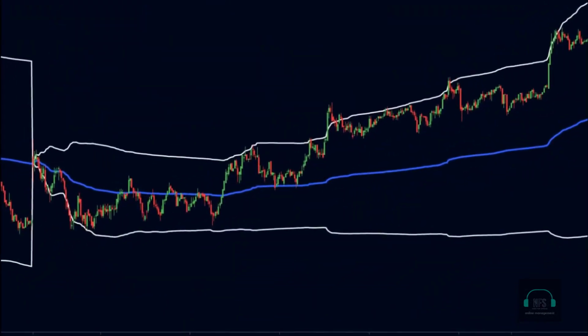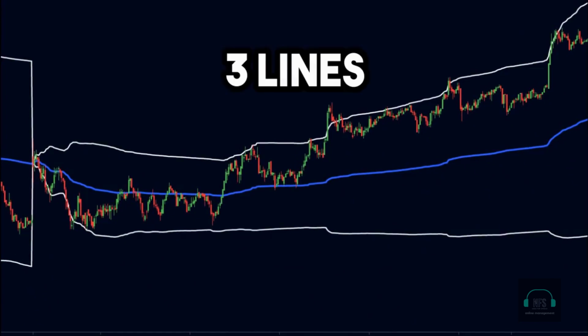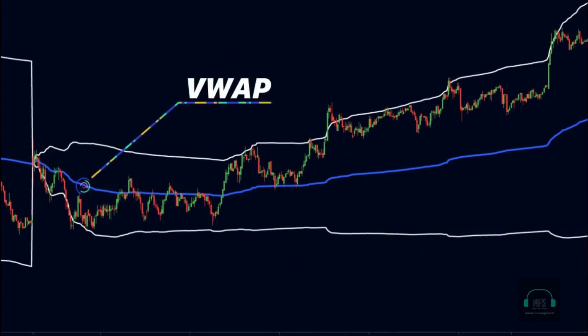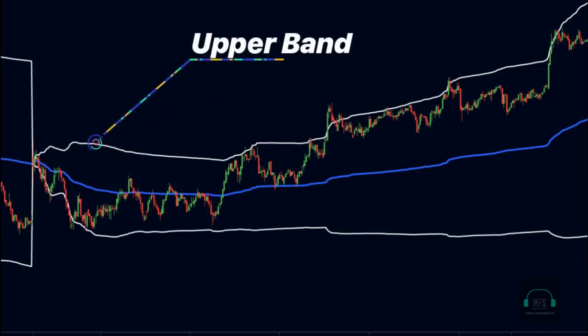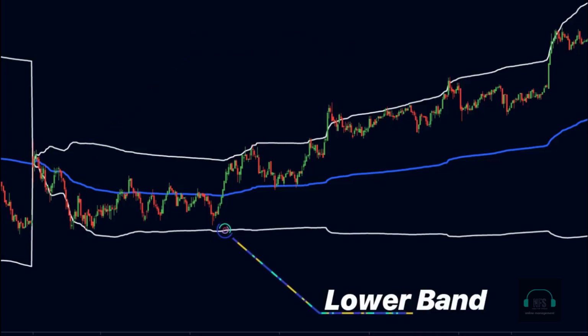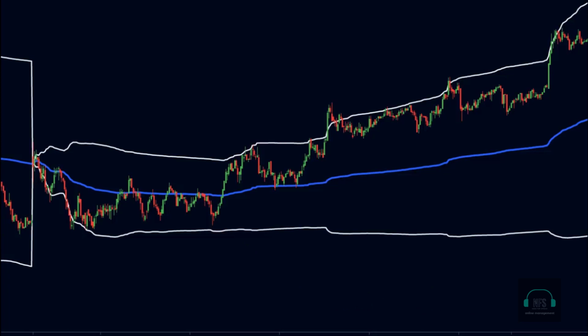Now, most of the trading platforms offer the VWAP indicator in the form of three lines. The central line is the VWAP itself. The upper line is a standard deviation above the VWAP, and the lower line is a standard deviation below the VWAP. To the surprise of many traders, these upper and lower lines are powerful areas of support and resistance.